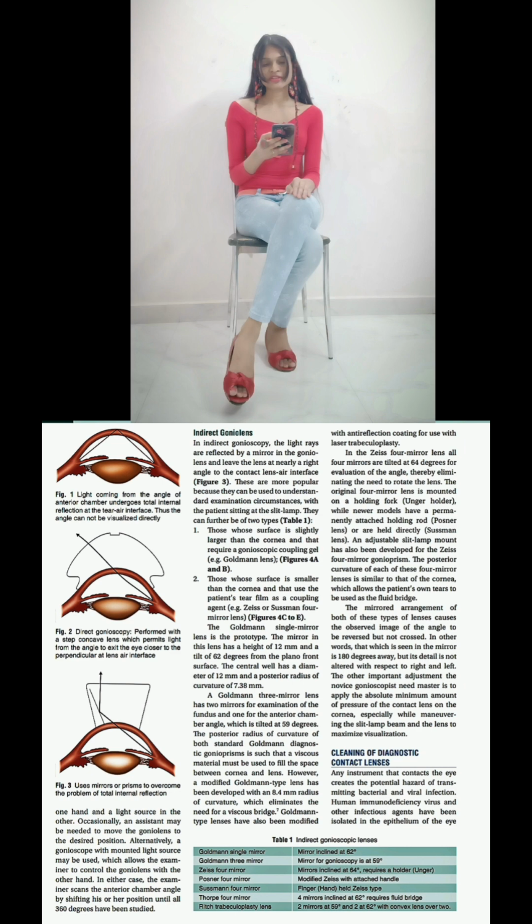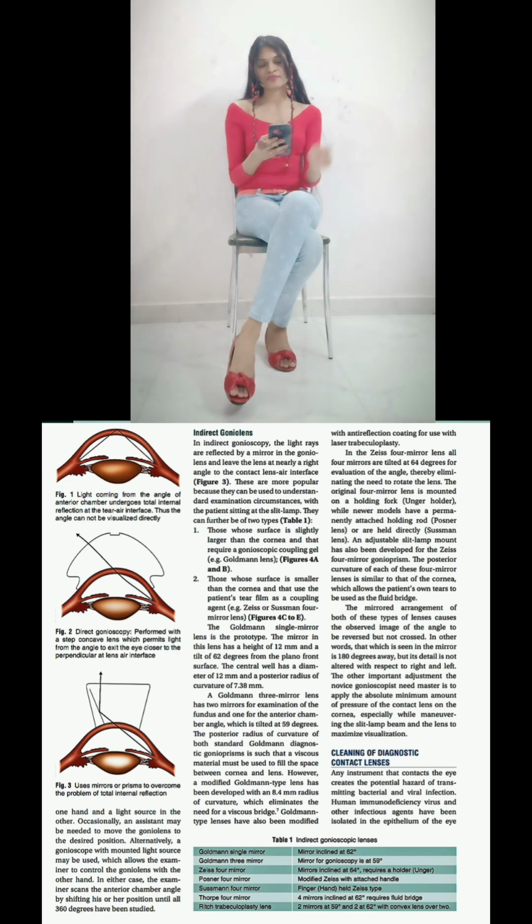The mirrored arrangement of both these types of lenses causes the observed image of the angle to be reversed but not crossed. In other words, that which is seen in the mirror is 180 degrees away, but its detail is not altered with respect to right and left.